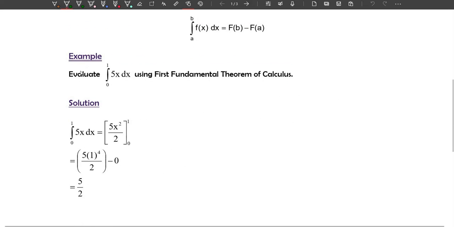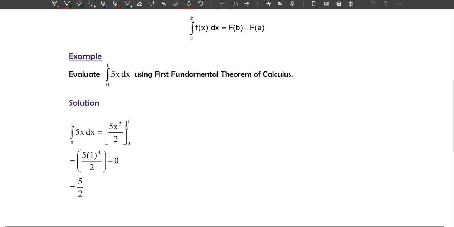Let's say for the one and only example for part a, integrate 5x from 0 to 1 with respect to x using the first fundamental theorem of calculus. That means you need to find the definite integral. Integrate 5x with respect to x, we have 5x squared over 2, and we need to substitute the value from 0 to 1: the upper limit minus the lower limit.